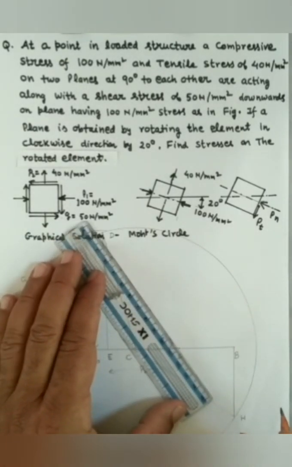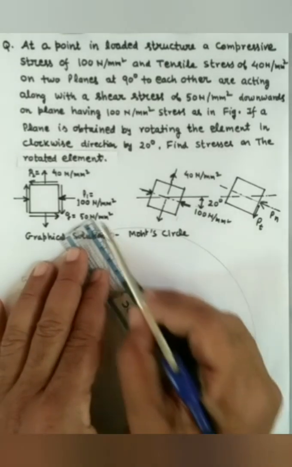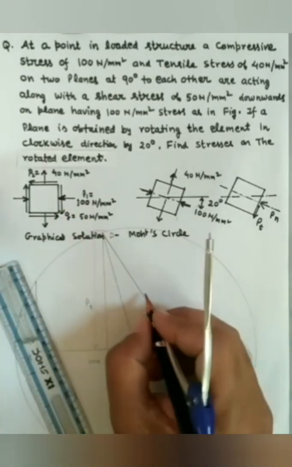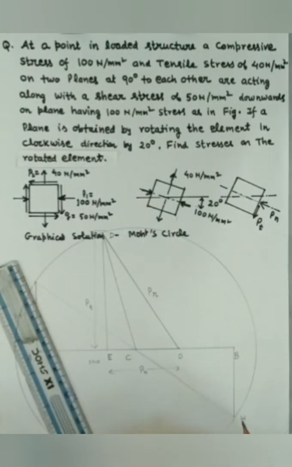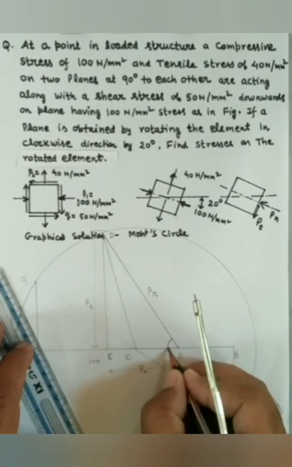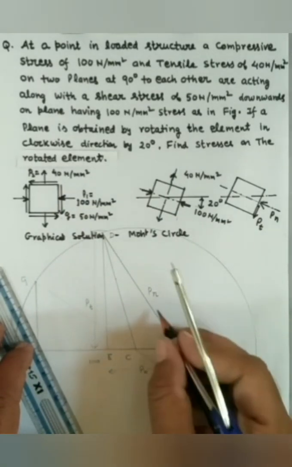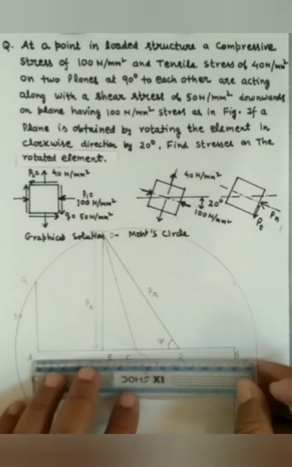And the line OD represents the resultant of PT and PN, which is PR. The angle psi which the PR makes with PN is angle DOE. So let us say it is psi.